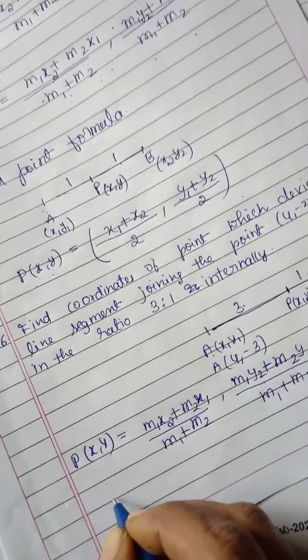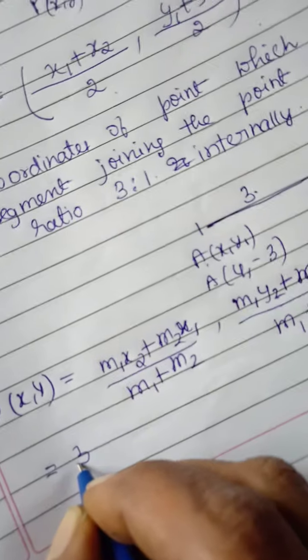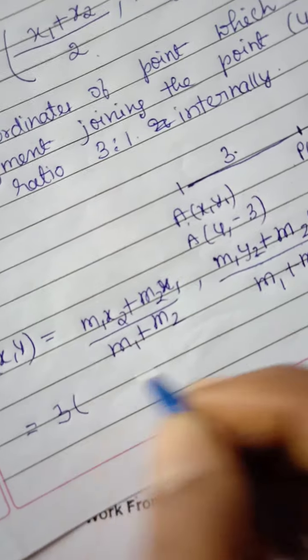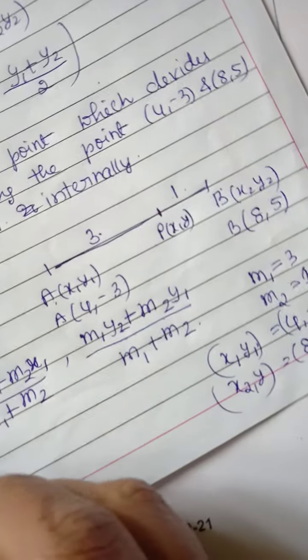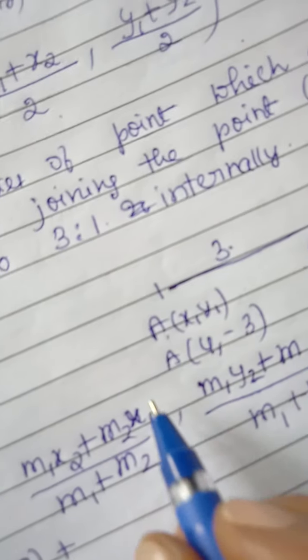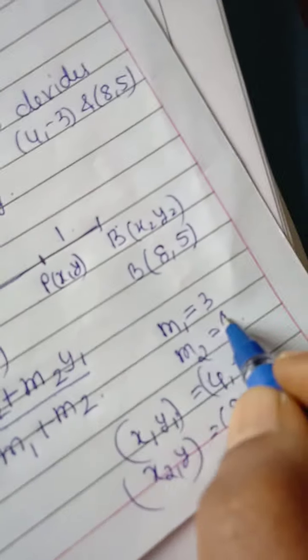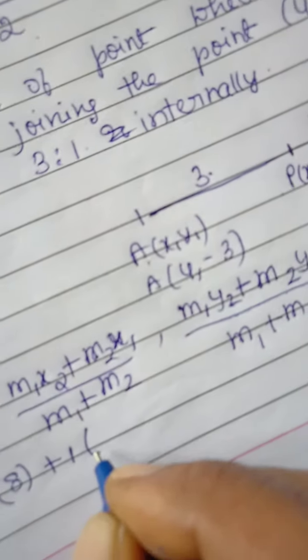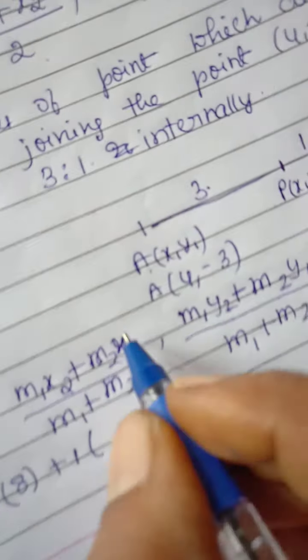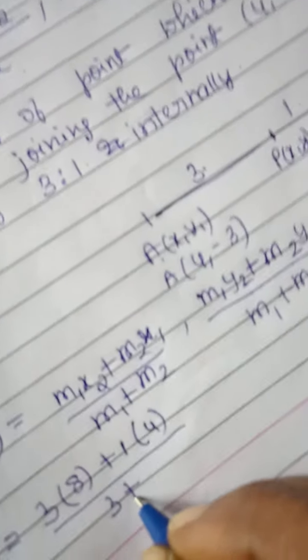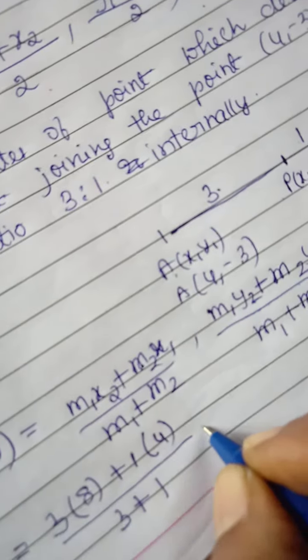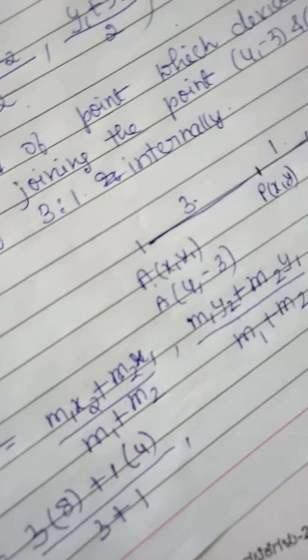Here m1 is equal to 3 and x2 is equal to 8, plus m2 is nothing but 1, into x1, which is 4, divided by m1 plus m2, that is 3 plus 1. So this is the x coordinate.